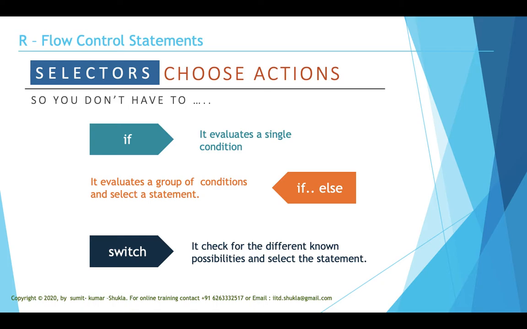An if statement can be followed by an optional else statement which executes when the boolean expression is false. Okay, it evaluates a group of statements under a selection. Now what does a switch statement actually do? A switch statement allows a variable to be tested for equality against a list of values. That's very boring. Okay, so let's deal with the practicals. We'll understand. The switch statement will check for the different known possibilities and select the statement then. Okay, so let's see how it works.